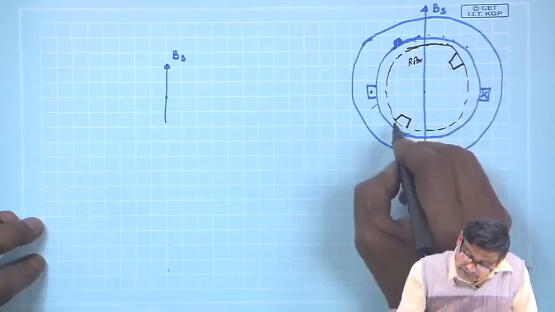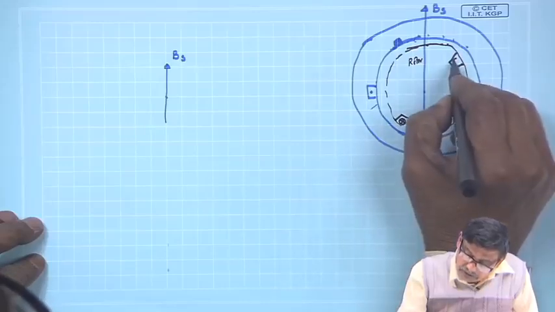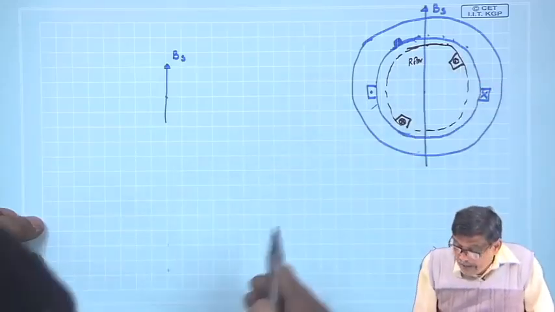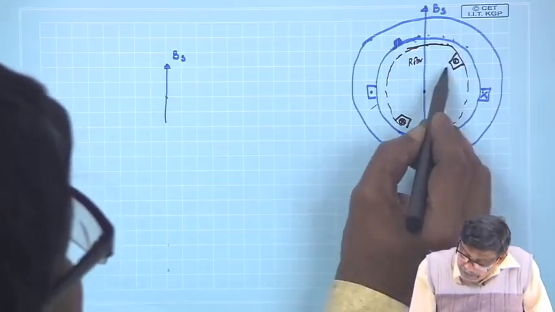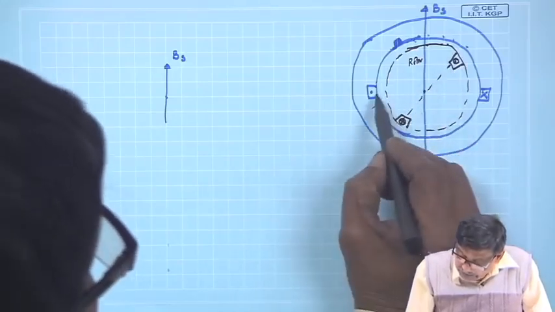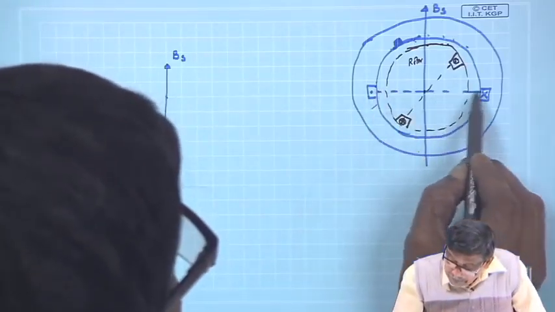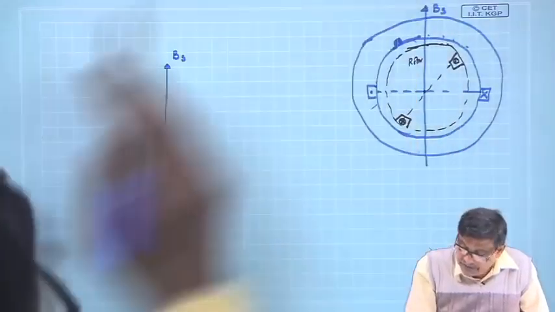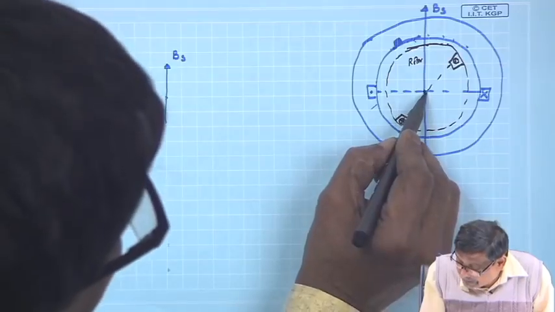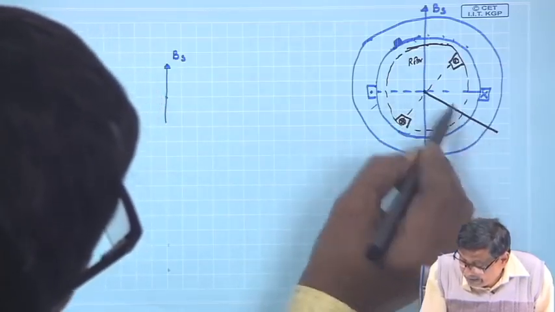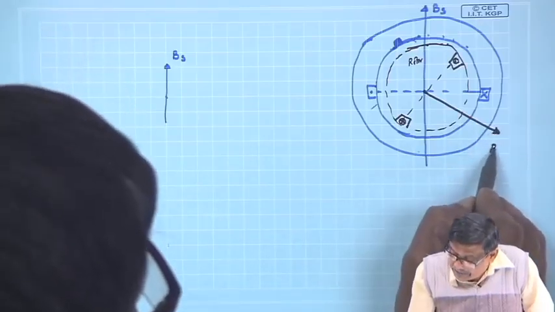Two pole structure, and this is the rotor current, cross and dot, and therefore the rotor field will be perpendicular to this line. The stator field was perpendicular to the axis of the coil, so the rotor field will also be perpendicular to this line. This is rotor iron, and let this be BR.